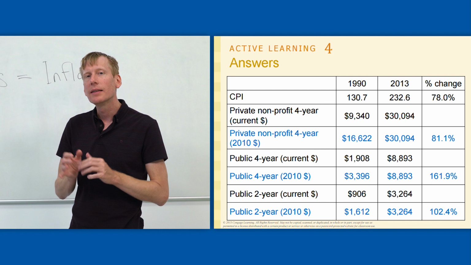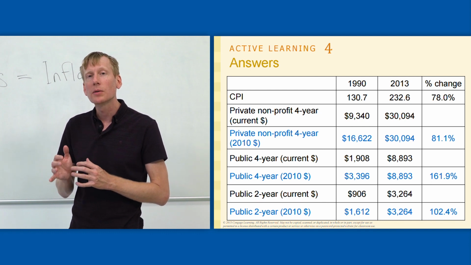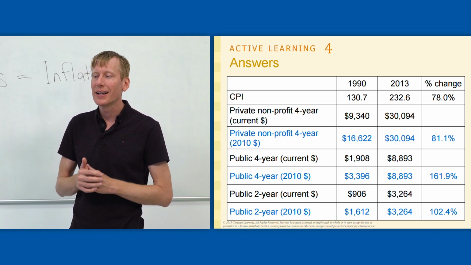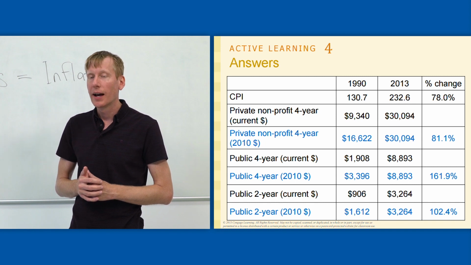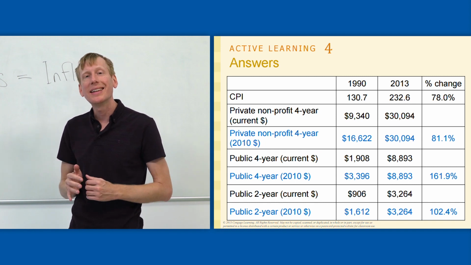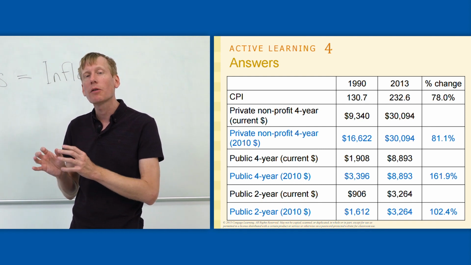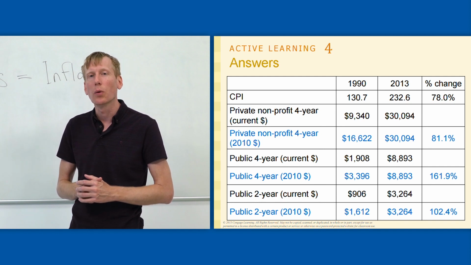And we see that the equivalent in 2013 dollars for private university tuition was $16,622 instead of $9,340. Now, as we move to 2013, also measured in 2013 dollars, we see that the price of a private university tuition has risen to $30,094.